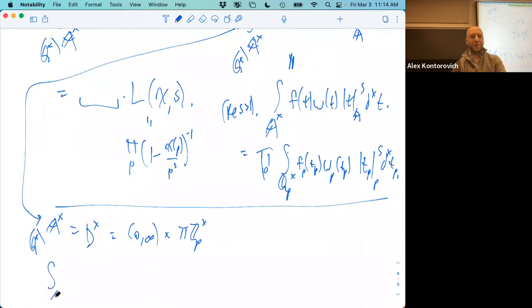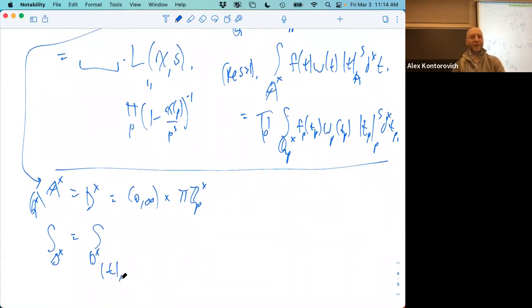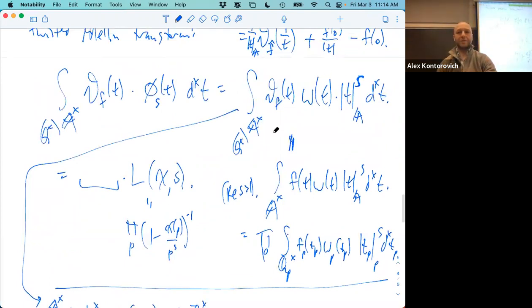The integral over the quotient will break into those t's whose Adelic norm is less than 1, plus the integral over those t's whose Adelic norm is greater than 1. And remember, this equal sign only applies to the norm being 1 everywhere except at infinity. So it doesn't matter if I put an equal sign here.